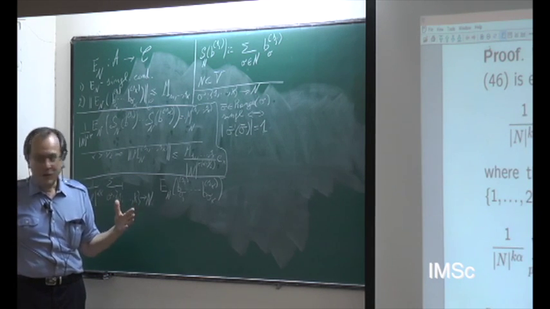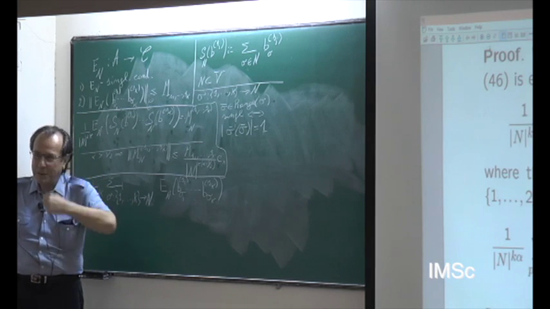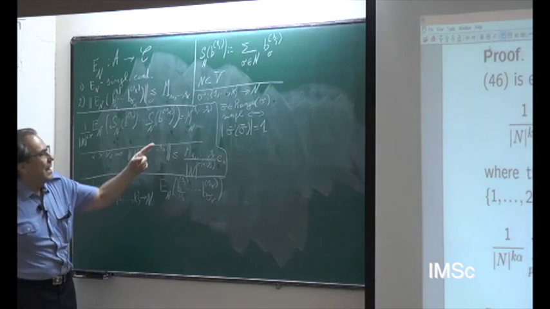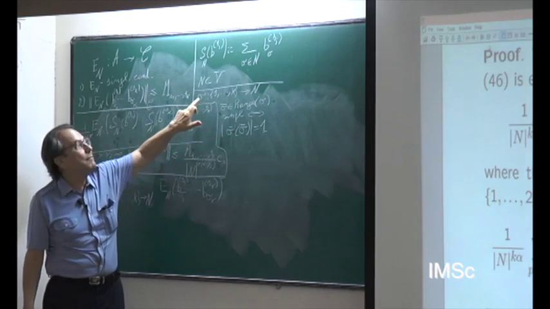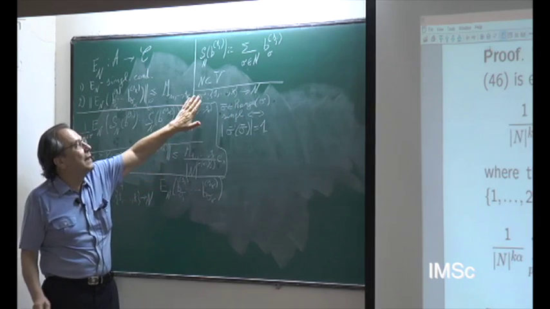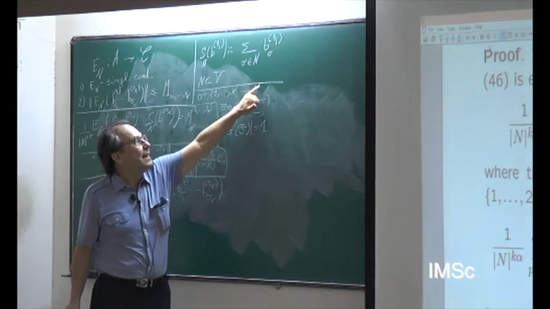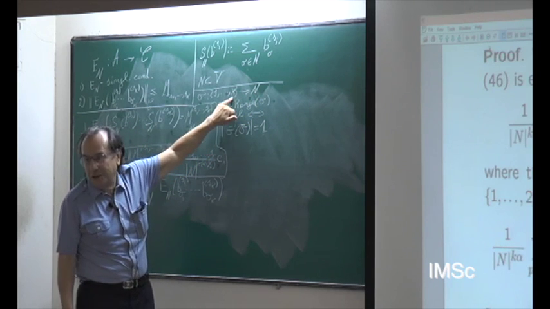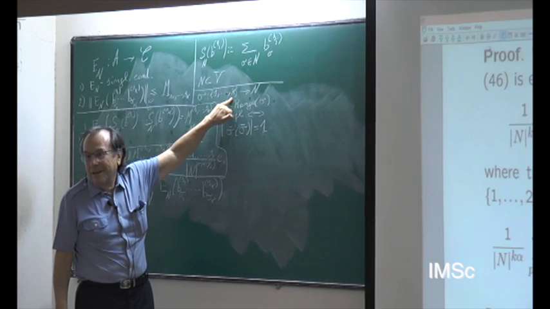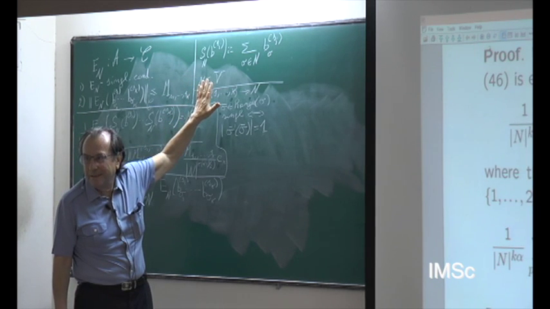Okay? So think intuitively for a moment. Suppose that you choose at random some function sigma. Since you have a lot of possibilities, since the cardinality of n is much larger than k, most functions will have singletons.